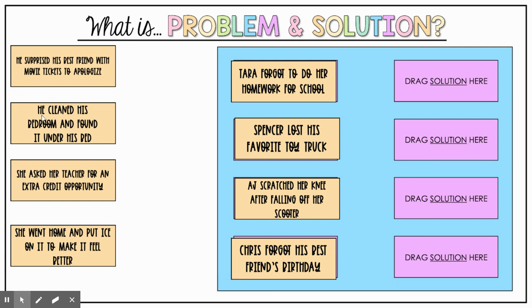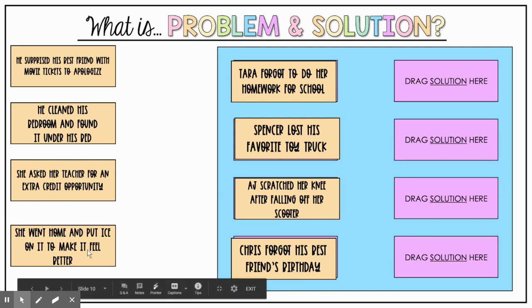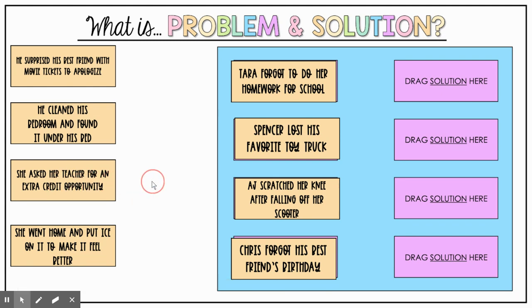That doesn't have to do with homework. He cleaned his bedroom and found it under his bed. That's looking for something, not forgetting something. She asked her teacher for an extra credit opportunity. Might be that one. She went home and put ice on it to make it feel better. That probably does not have anything to do with homework. So it is this one. She asked her teacher for an extra credit opportunity. So that one would go there.